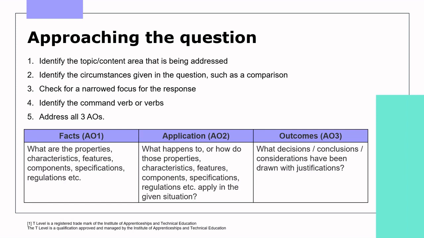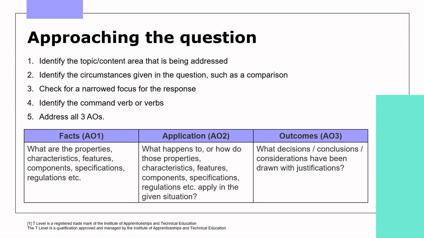And I'd suggest having a planning approach first. An example is shown on screen. You could suggest that students draw a table with 3 columns. The first column just has the facts about the content area in the question.